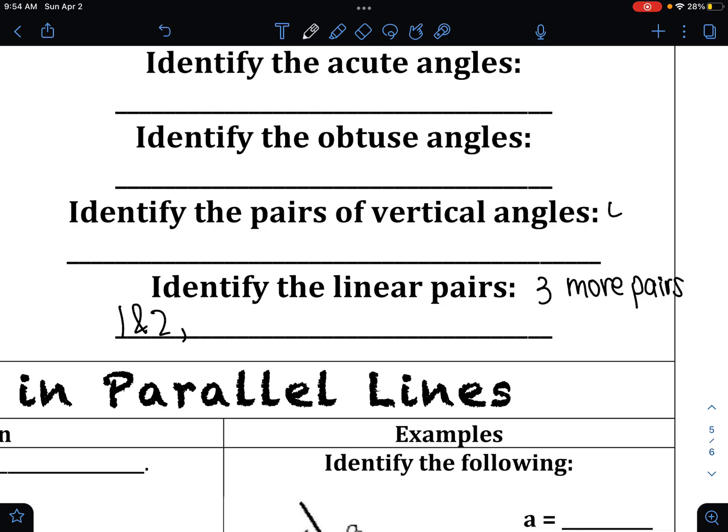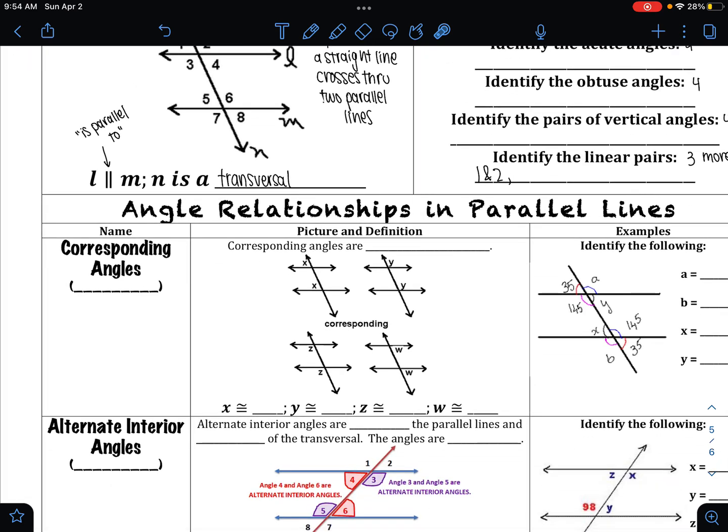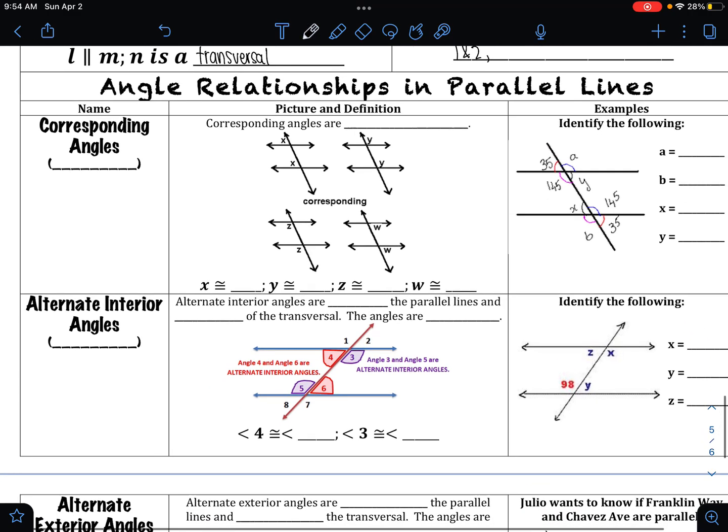And then you should get 4 pairs here. There should be 4 obtuse angles and 4 acute angles. Again, you're going to fill in these blanks after this video, after you write down all of your definitions and such. Okay, so corresponding angles, these are angle relationships with parallel lines.